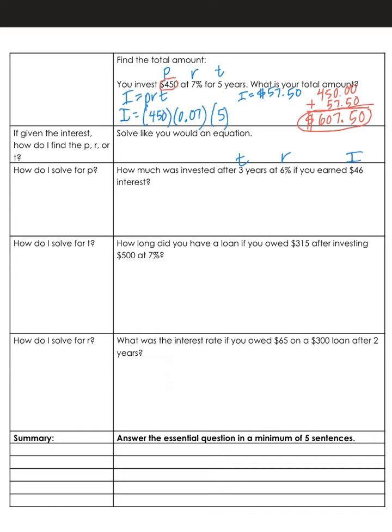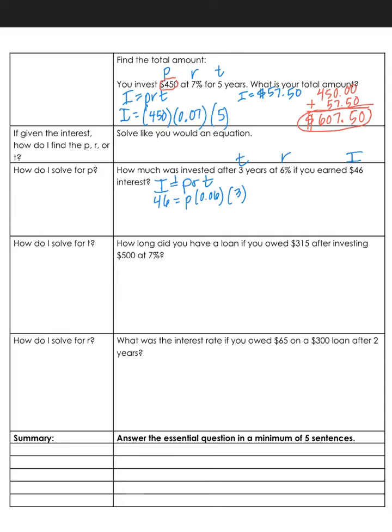So based off of what I just identified, we need to fill this information into our formula. So we have a 46 for I. We don't know P, that's what we're solving for. Our rate is 6%, so that is 0.06. And then our time is 3 years.